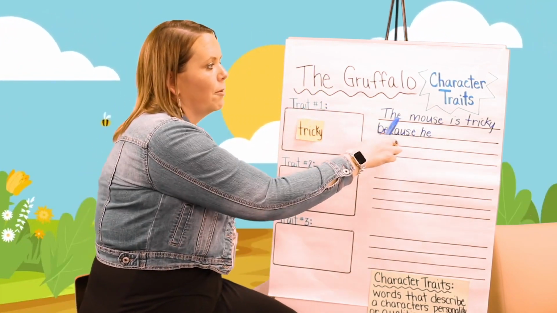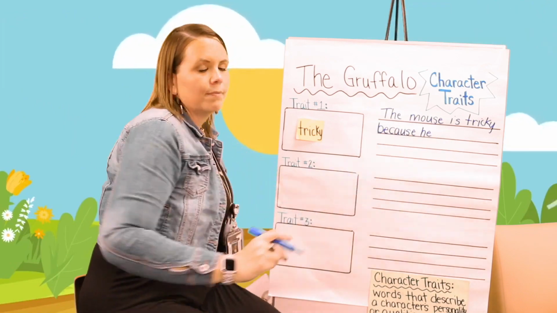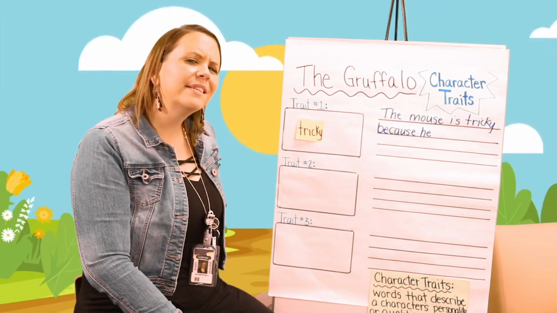So I wrote, the mouse is tricky because he. So think about what he did in the story. Why is he tricky?